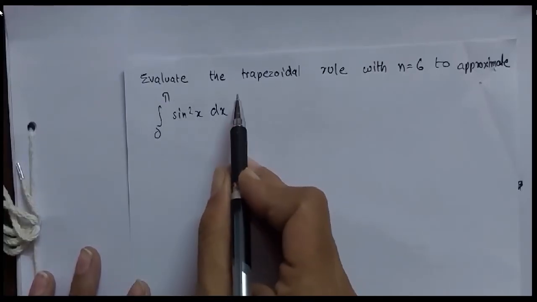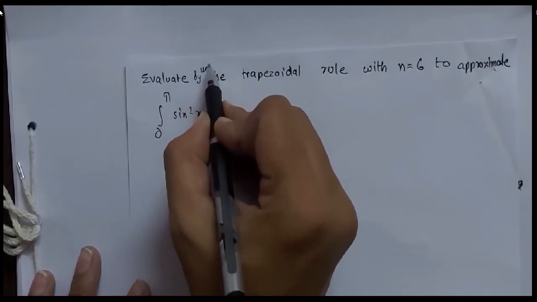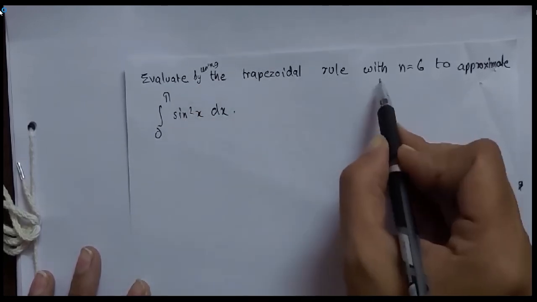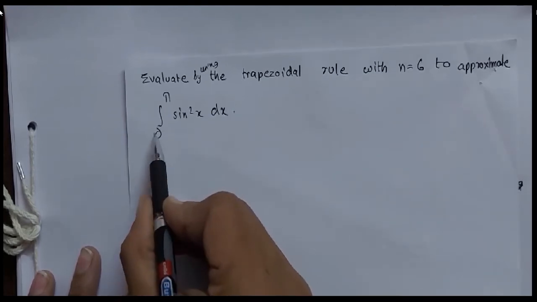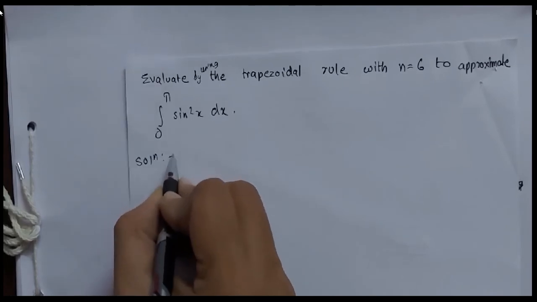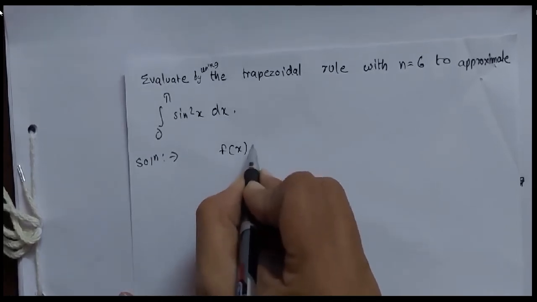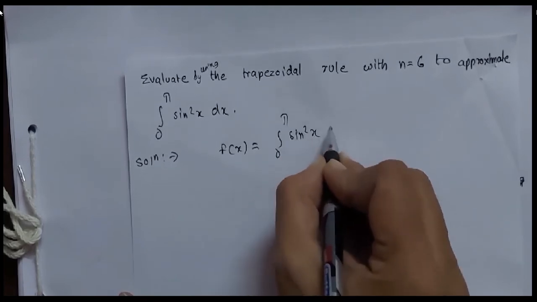Now we will solve. Evaluate by using trapezoidal rule with n is equal to 6 to approximate the value of this integral. Solution, the given equation is integral 0 to pi sine square x dx.